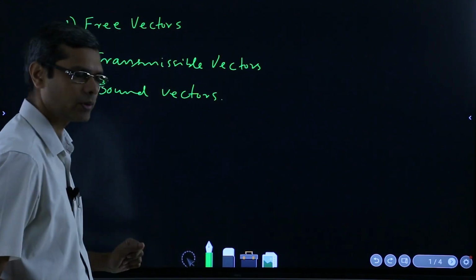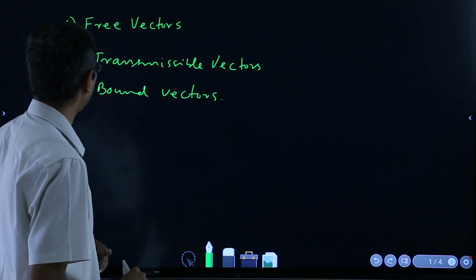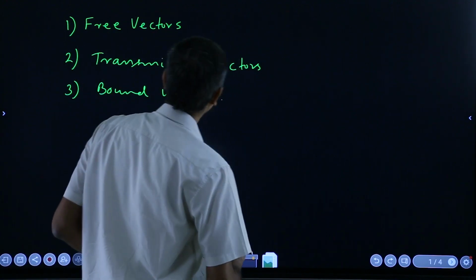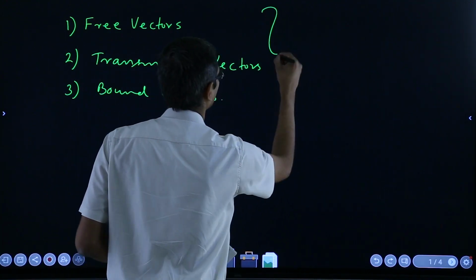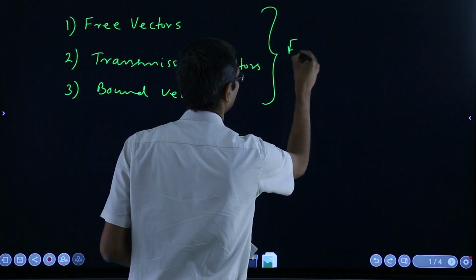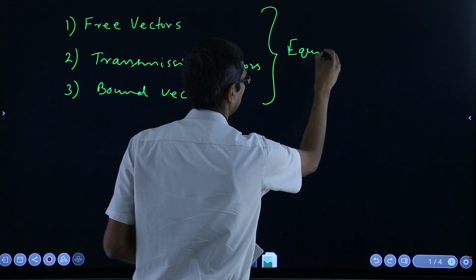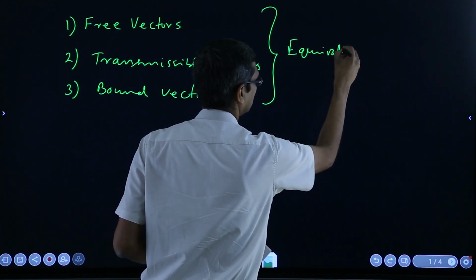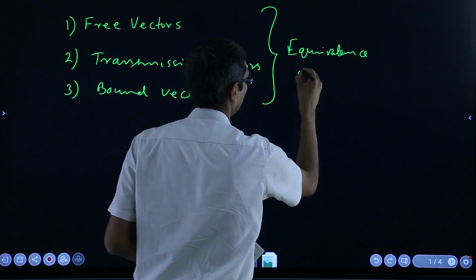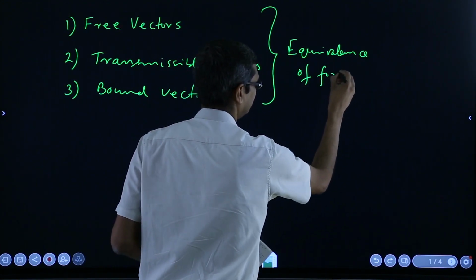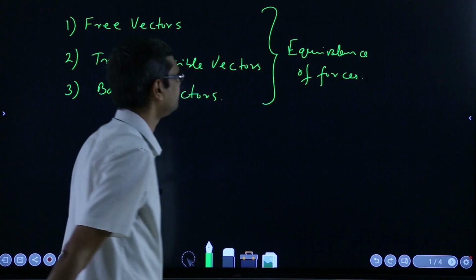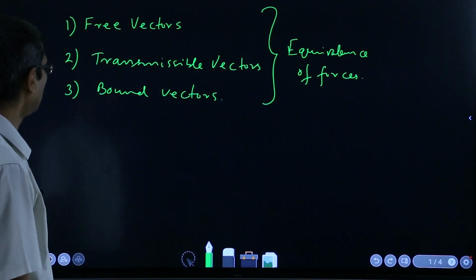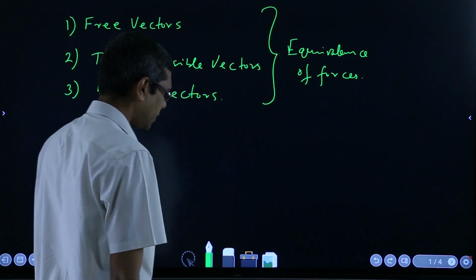These concepts will be useful. So, now, all these things are with respect to equivalence of forces. Now, let us see what they mean.